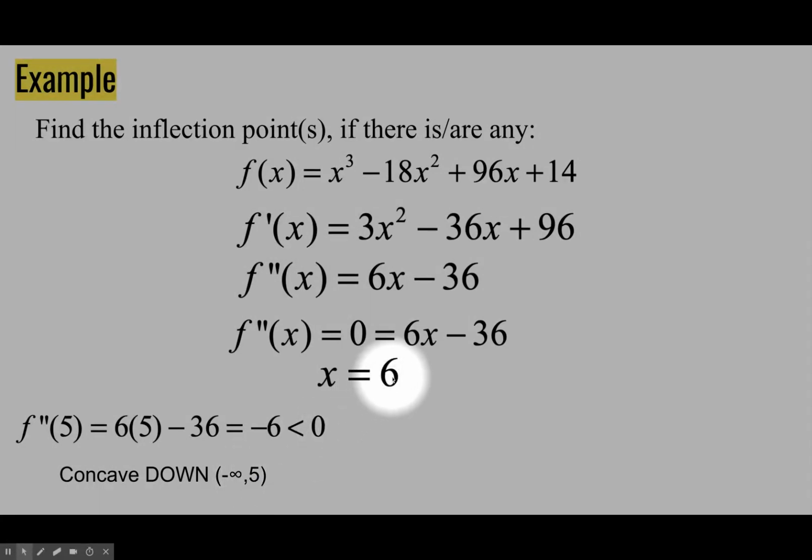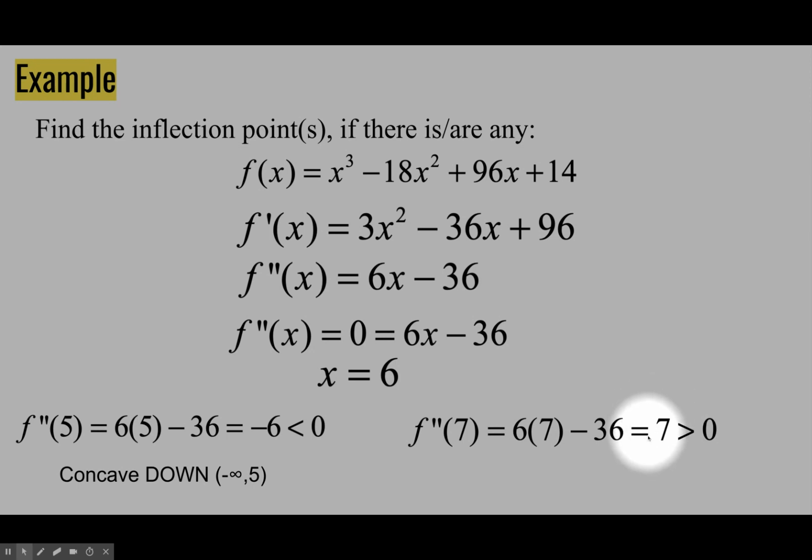Now we're going to look at a point to the right of x equals 6. Let's take 7. Take the 7 and plug it into the second derivative. So 6x minus 36 becomes 6 times 7, which is 42. 42 minus 36 is actually 6. There's a little typo there.